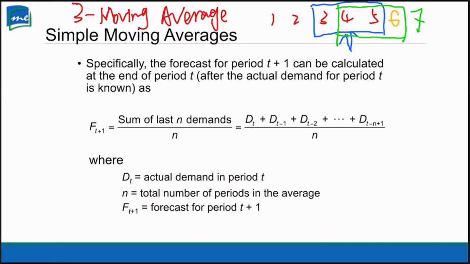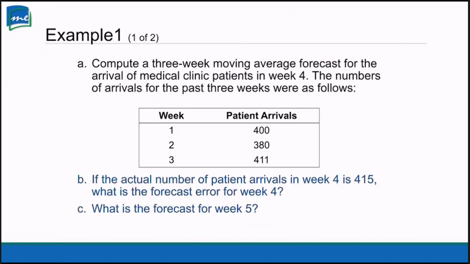So let's take a look at an example. The table here shows, for weeks 1, 2, 3, how many patients arrived at a medical clinic.